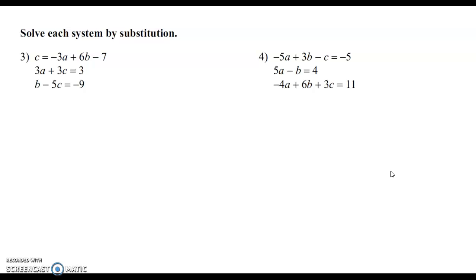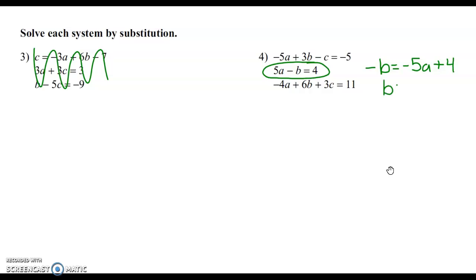All right, so I'm going to take number 4 and solve the second equation for B. If I solve that for B, I've got negative B equals negative 5A plus 4. Then when I divide, I get B equals 5A minus 4. I've got to plug it into the top and the bottom.